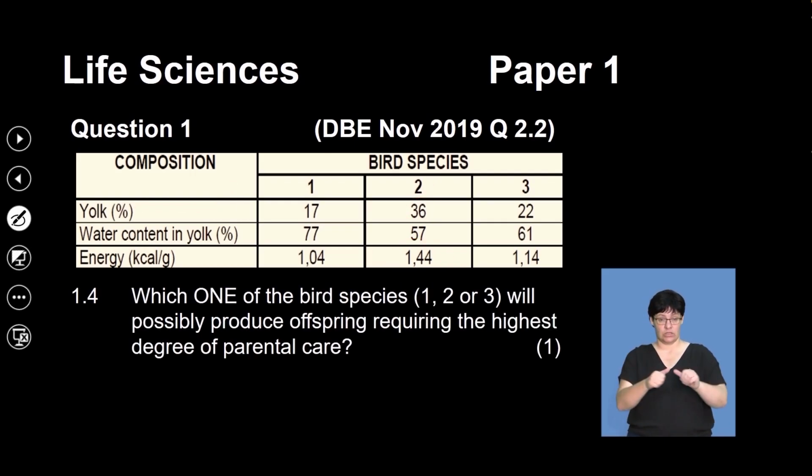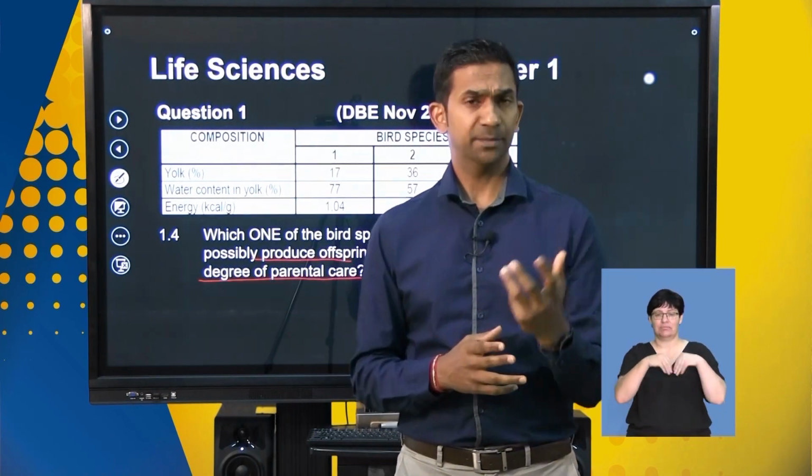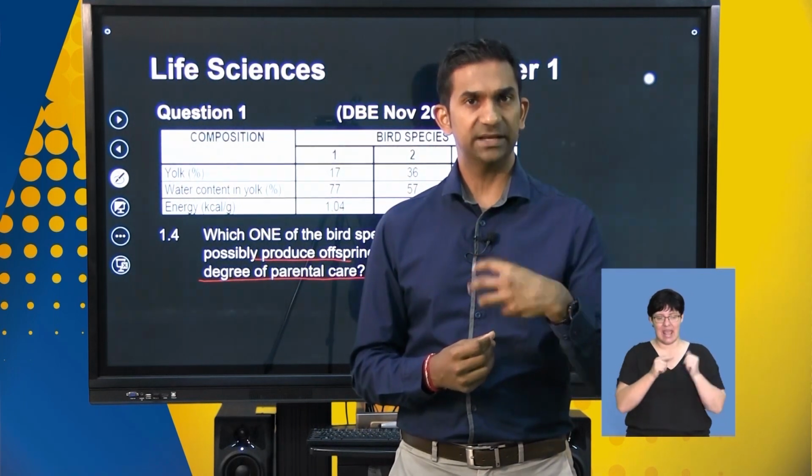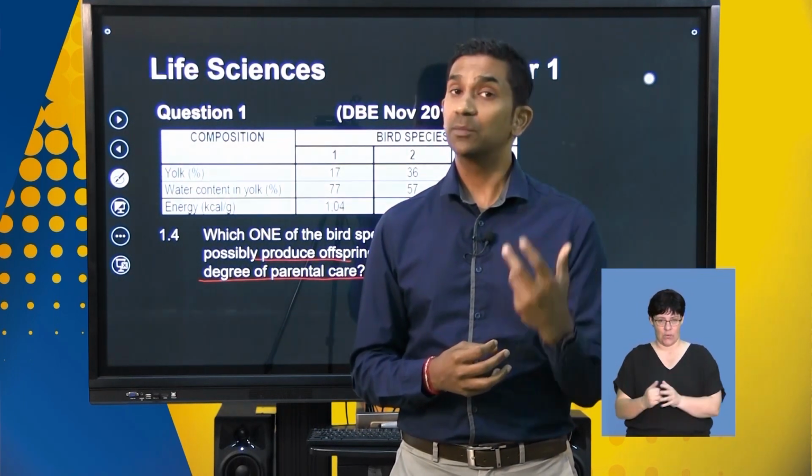Which one of the bird species 1, 2, or 3 will possibly produce offspring requiring the highest degree of parental care? Now guys, you know that parental care is a strategy adopted by parents that need to care for the young, depending on the level of development and the number of offspring.